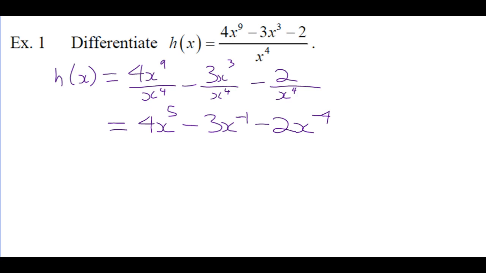Okay, so what is this? So h of x, h prime of x is equal to 20x to the 4th minus, oh wait, is it minus?